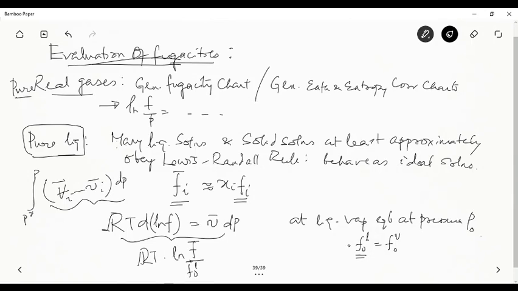I integrate from the equilibrium state to the current state, where the state is f bar, and here, no, it's a pure substance, so I'll just write f.